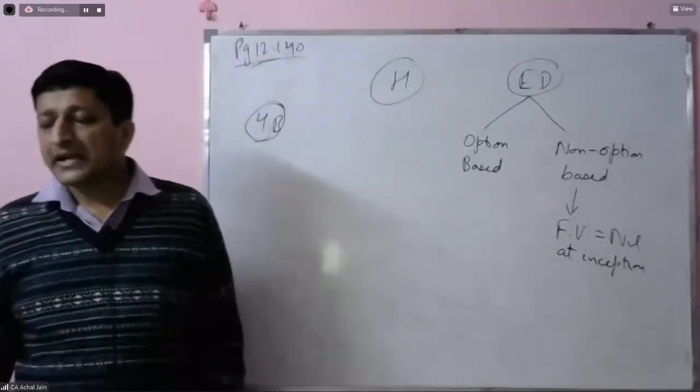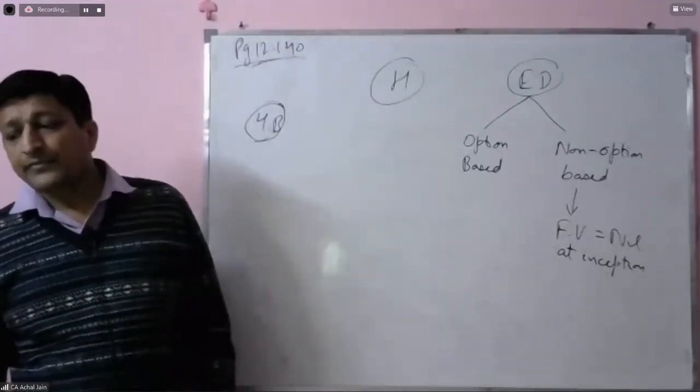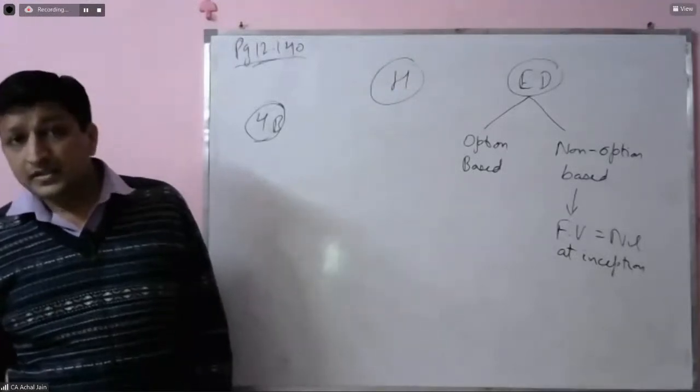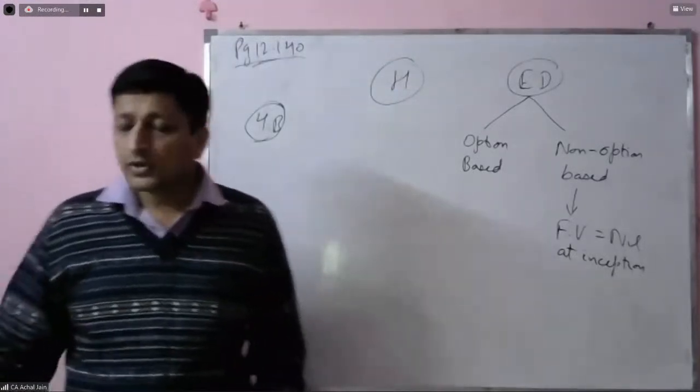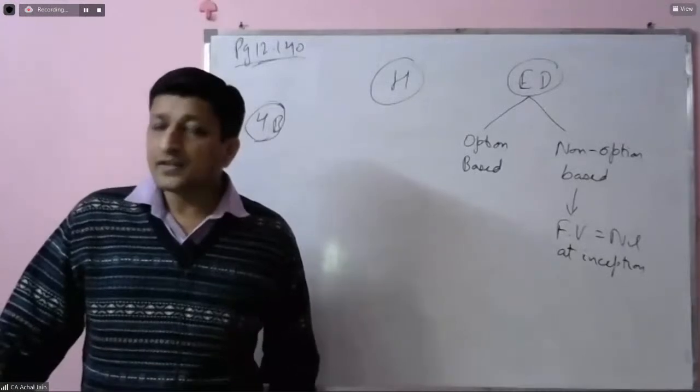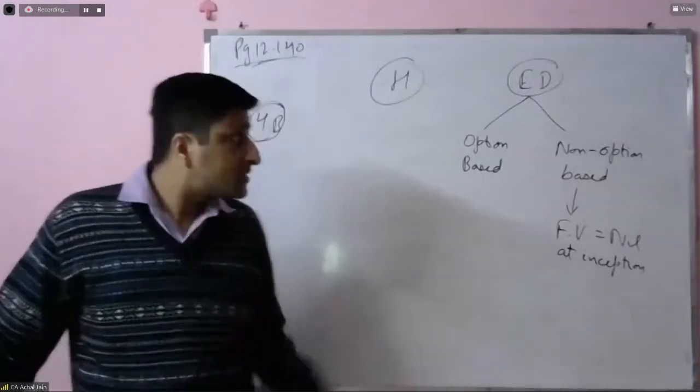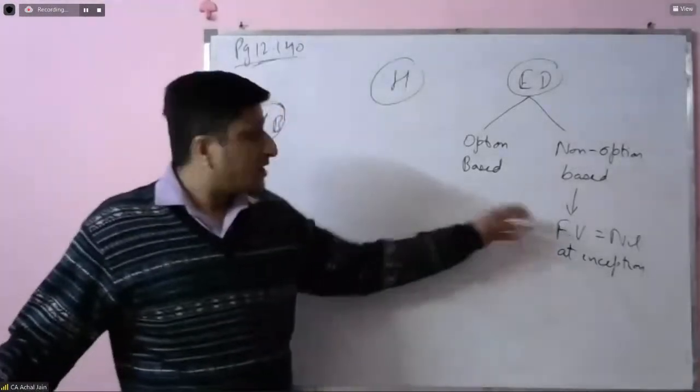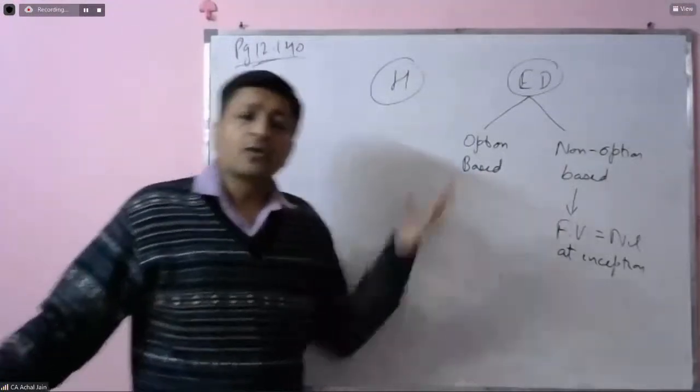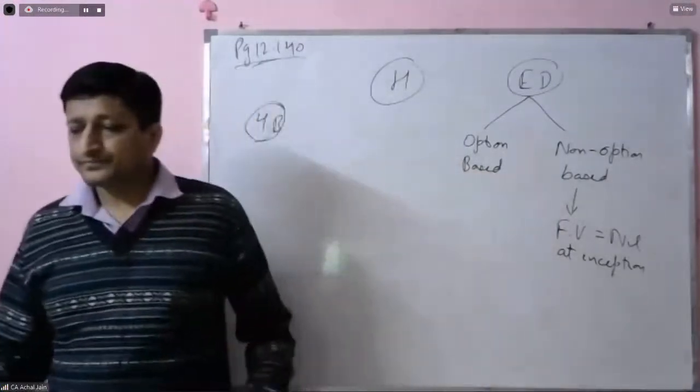As a result, embedded derivative would not necessarily have a fair value or intrinsic value equal to zero at the initial recognition. So that means this sort of situation is not necessary for option-based derivative.